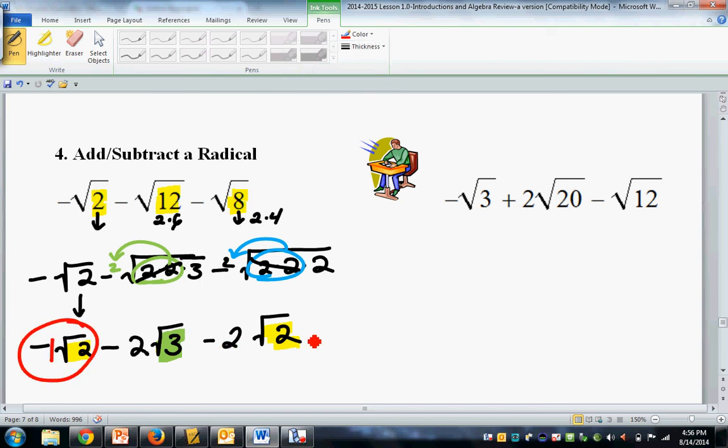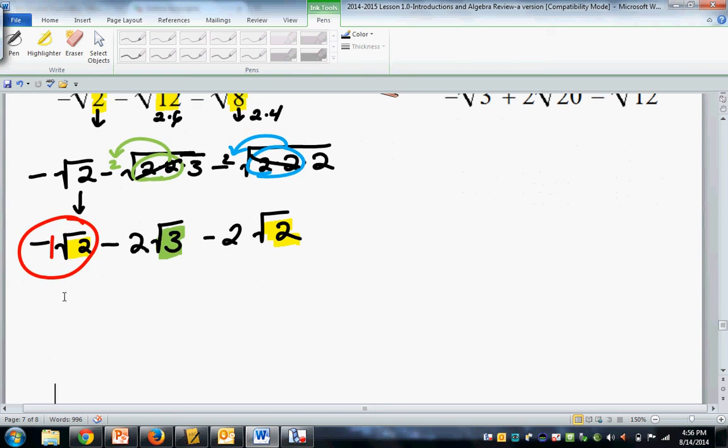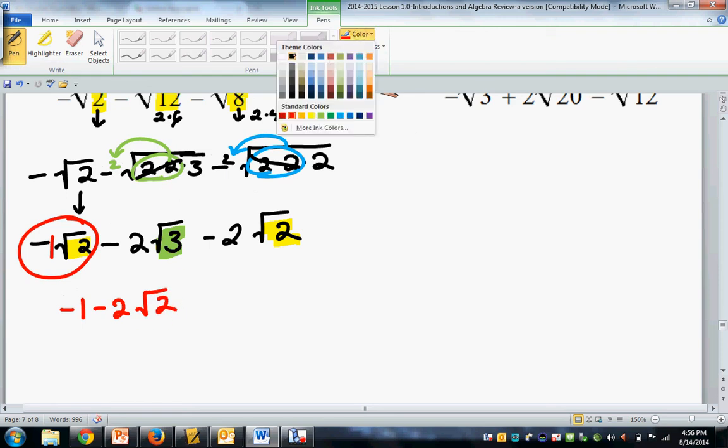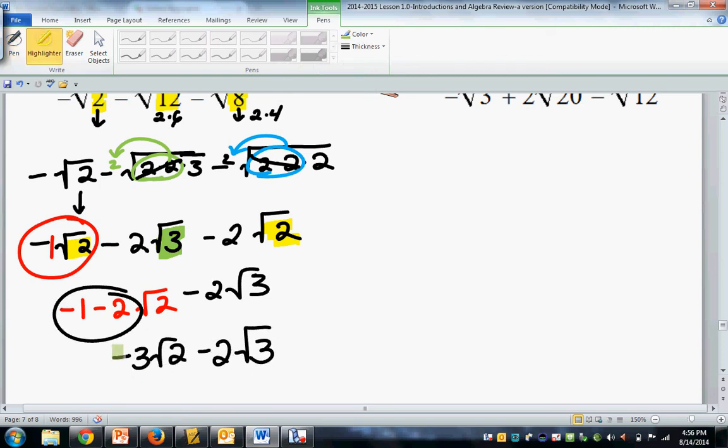This is minus 1 root 2 minus 2 root 2, so minus 1 minus 2 root 2 minus 2 root 3. And this right here, we're going to end up with negative 3 root 2 minus 2 root 3. And this is your final answer.